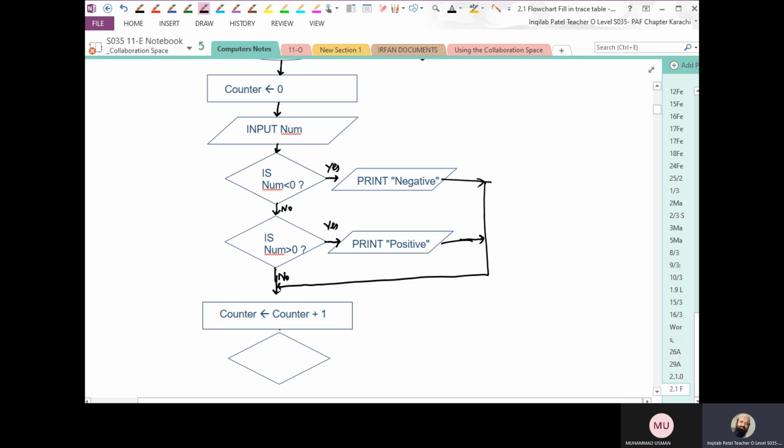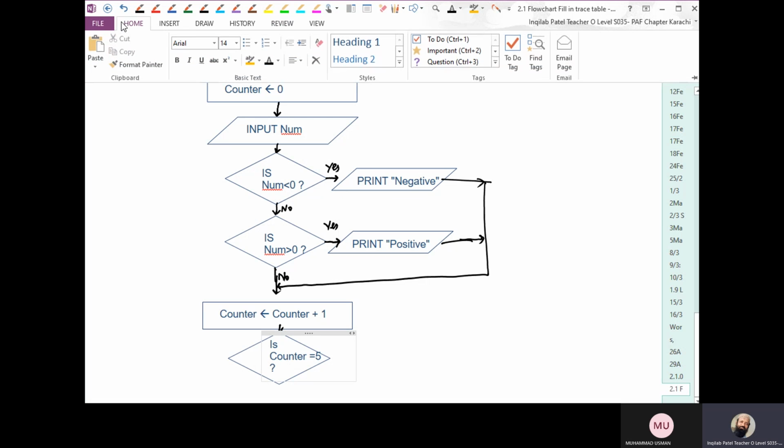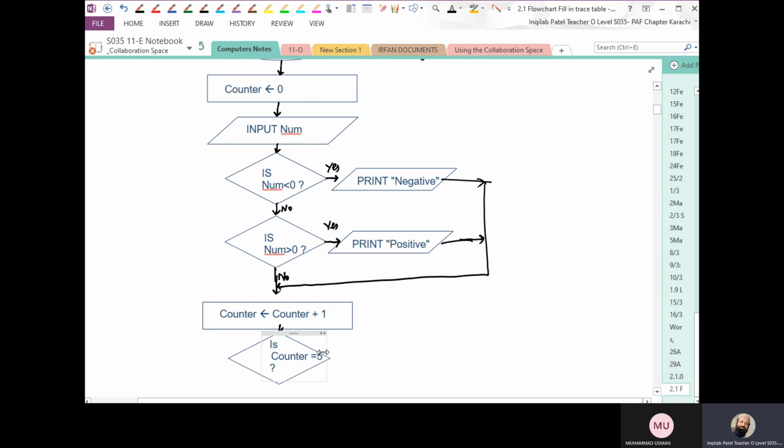We will check whether the counter equals 5.